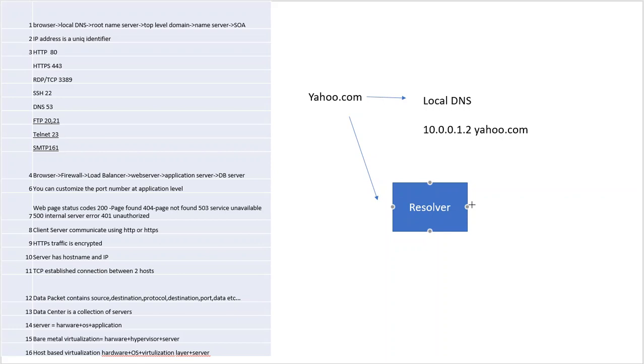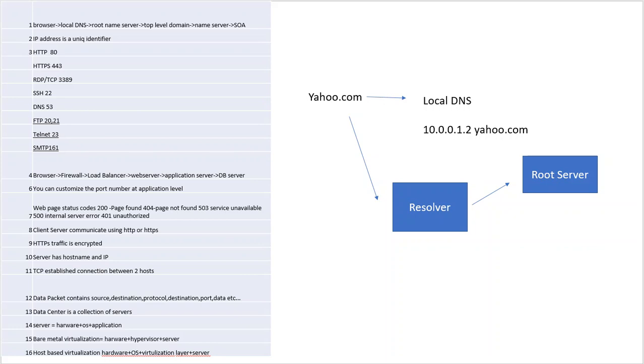For that, it will go to the root server. Will the root server give you the details directly? No, it will not give you the value directly, but it will tell you where to go.